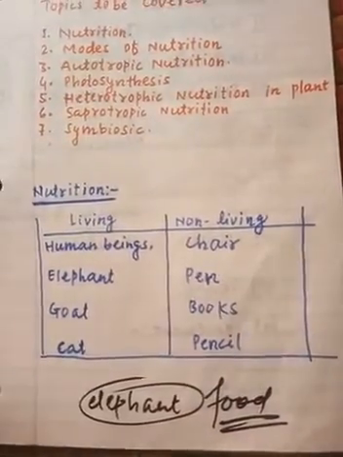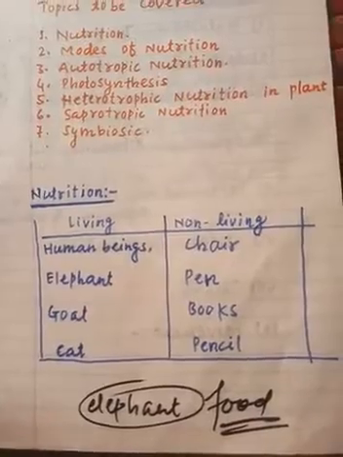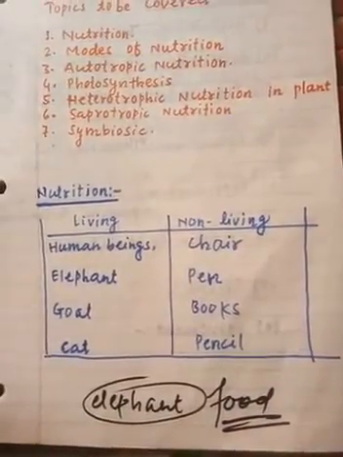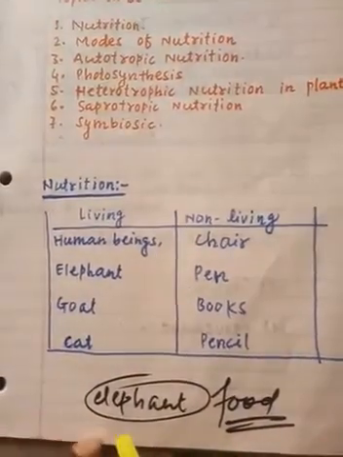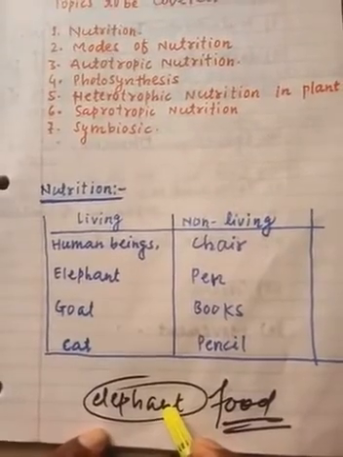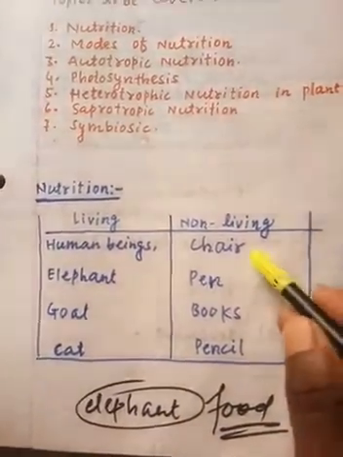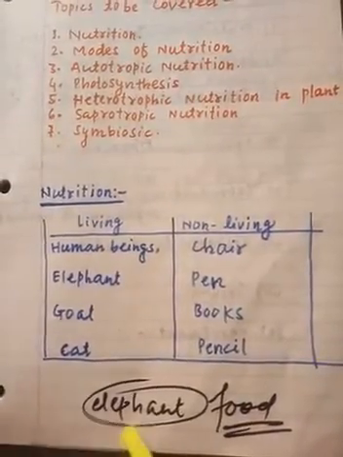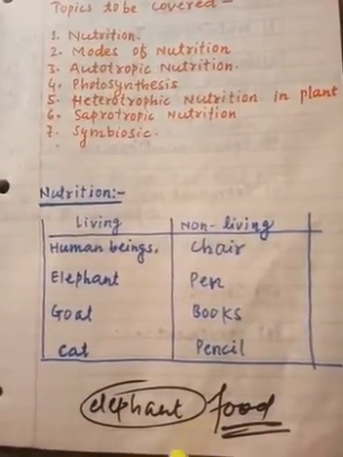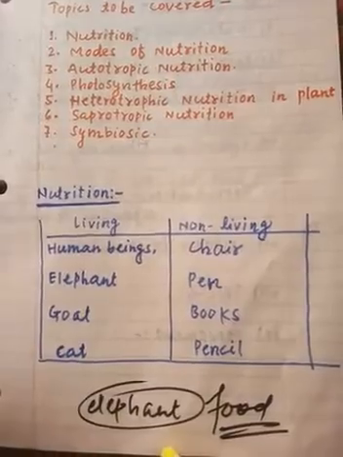Energy is essential to perform the various activities which are happening inside the body of the elephant, and which are not happening inside the body of the chair. So the elephant needs food, air, water.